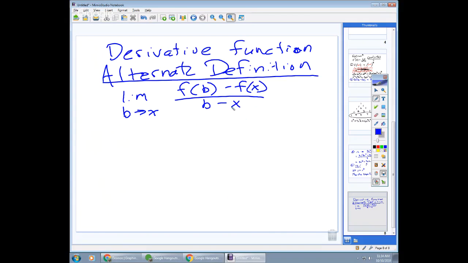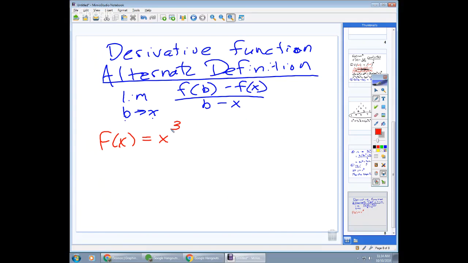I did it with a's and b's the other day. Here, I'm looking for a slope function, so I ultimately need x's to be everywhere. So this says b is going to morph into x. Now, if I cheat and just throw an x in there, I get 0 over 0. We're going to try it on the function f of x equals x cubed, the one we just did. See if it's any easier.